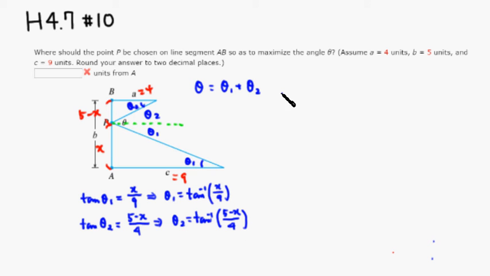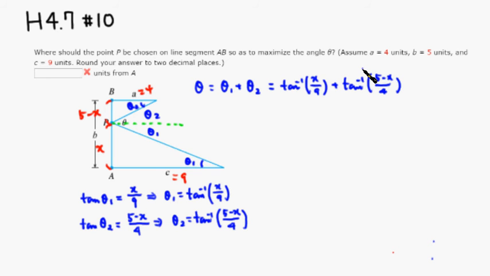So theta can be rewritten as arctangent of x over 9 plus arctangent of 5 minus x over 4.